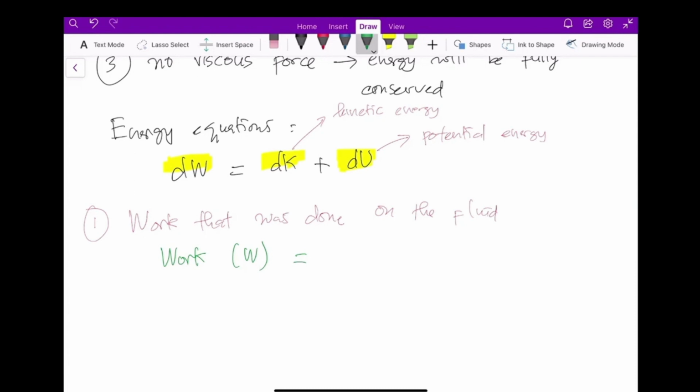That's the other definition of work that you have learned before. So force multiplied by distance. If you still remember the experiment that your teacher showed you, we have a block placed on the floor, and then there is a force applied.